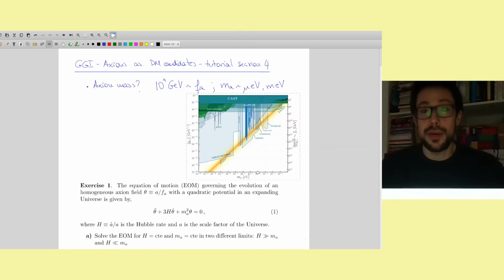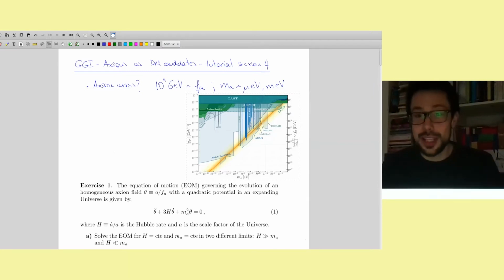However, I'm sure that you have heard many people saying that dark matter cannot be too light. For example, neutrinos cannot be dark matter because they are too light, and therefore they are still relativistic at the time of the CMB, so they are not good dark matter candidates.